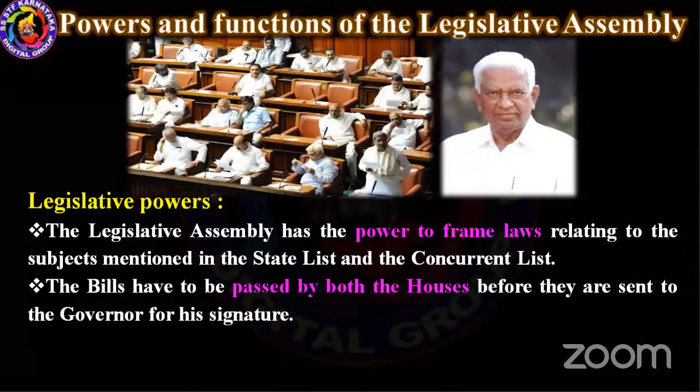In both houses, they will discuss that subject or bill and analyze it. Later, the members of the legislative assembly and the members of the legislative council give their approval, and only then does it go to the governor for his signature and approval. The real head of the state is the CM. The nominal head is the governor.